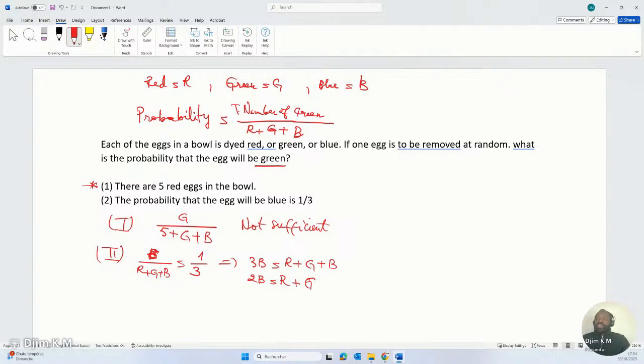Okay, still here, we won't be able to find the number of red, the number of green, and the actual number of blue, so it's not sufficient.